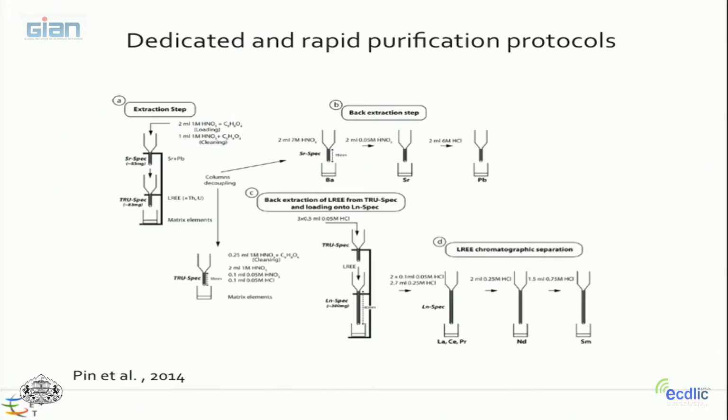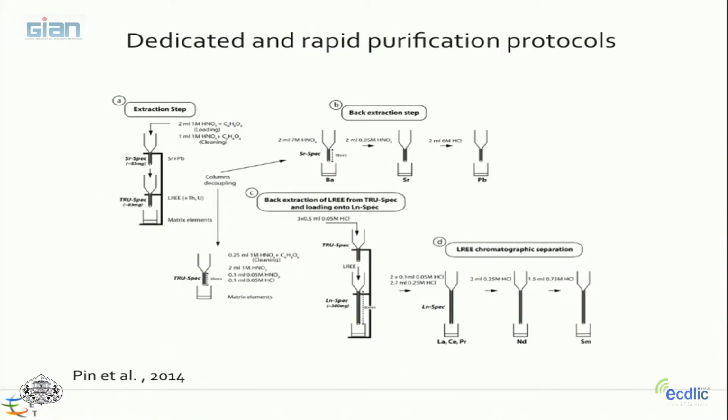Now, if you come to my lab and you want to do some isotopes, we are not going to use this kind of resin anymore, because people have developed specific resins which are really specific to one element. One resin for strontium, one resin for neodymium, one resin for lead, one resin for hafnium, etc.